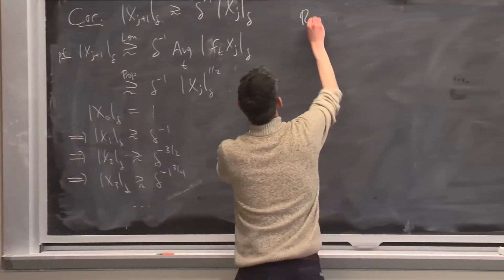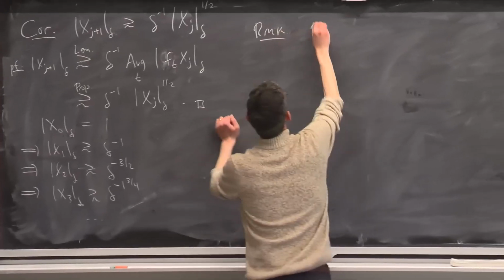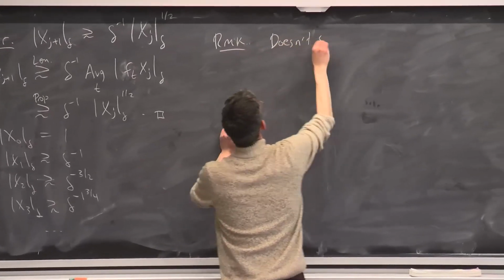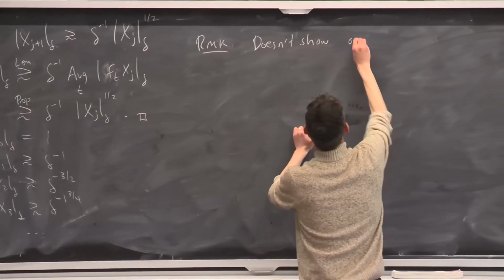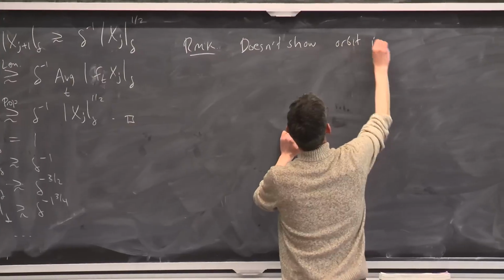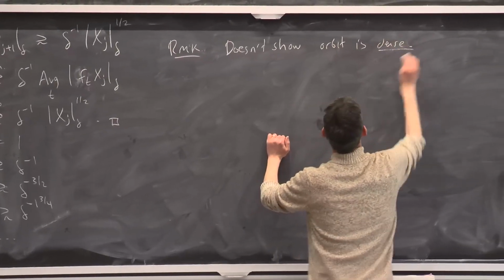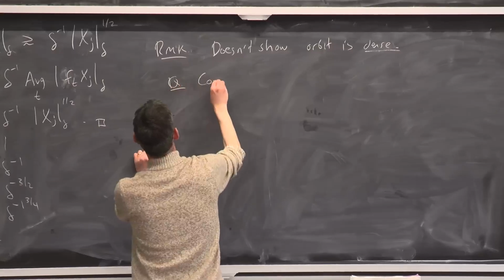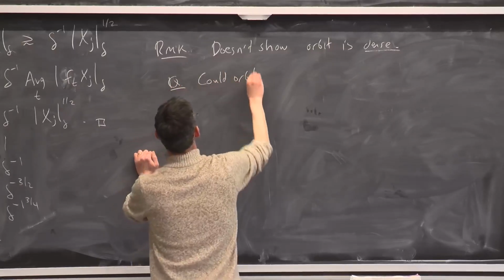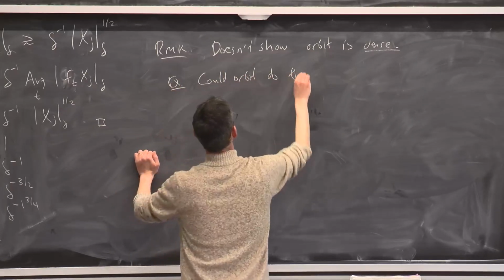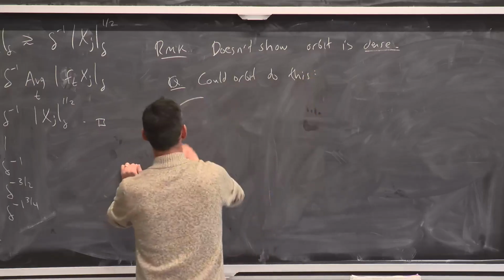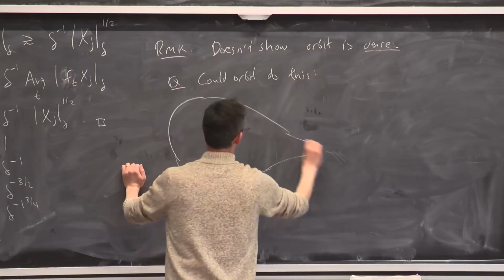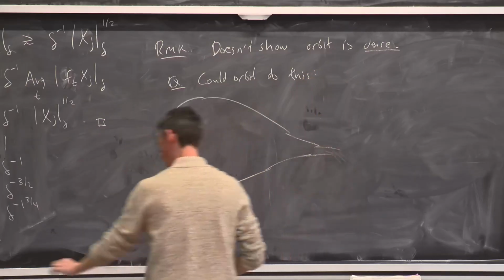So remark, this doesn't show that the orbit is actually dense. And so maybe a question, could the orbit do this? So here's our homogeneous space. There's a cusp, but it's not that important.